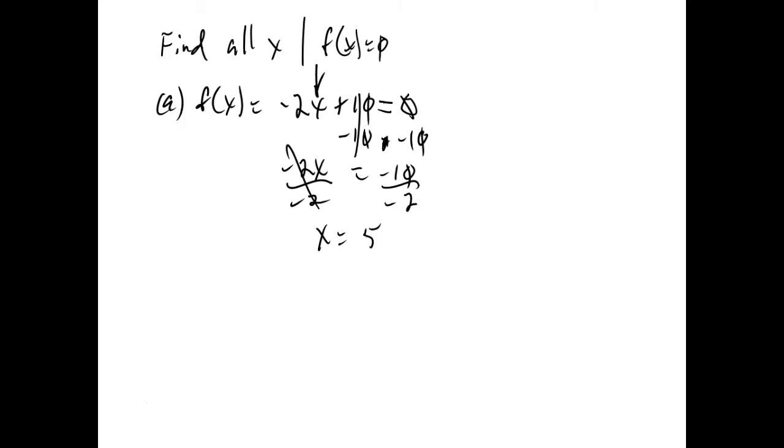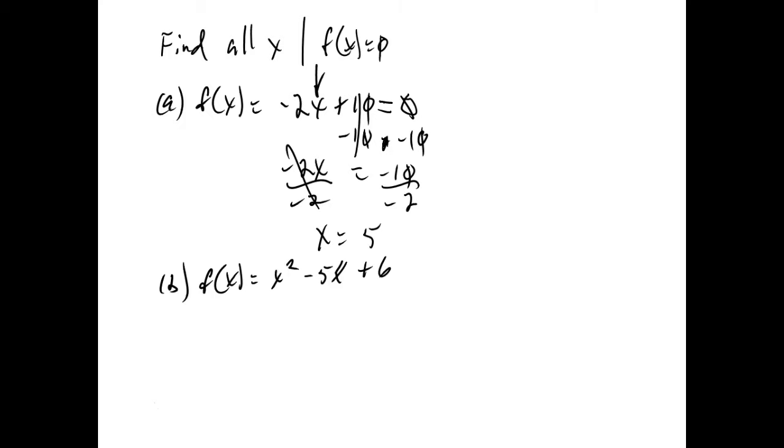Now, the B part here, I hope I have room for it, okay, is f of x is equal to x squared minus 5x plus 6, okay, there's your f of x. And we want to find all the x's such that f of x is 0.